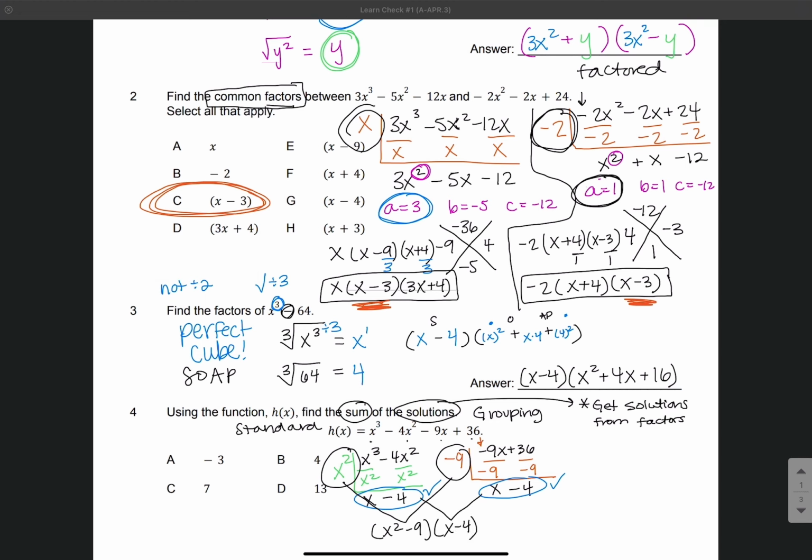Okay, everything looks good except I should notice something. I should notice that right here, this x squared minus 9, see how this factor has a square, is a quadratic? That means we need to check if it can factor further.